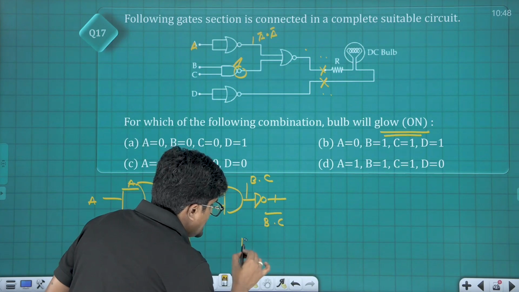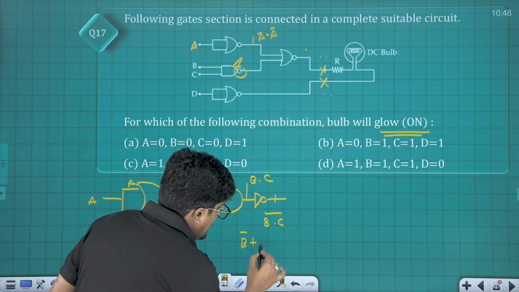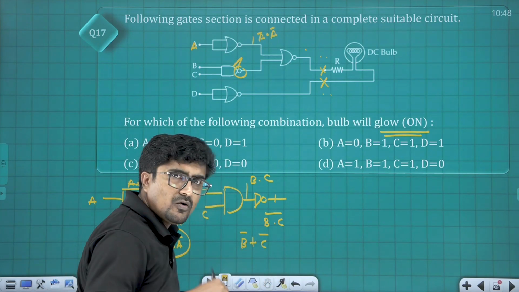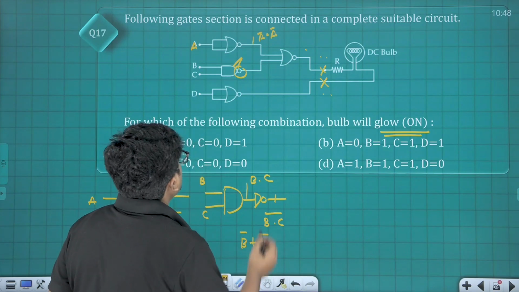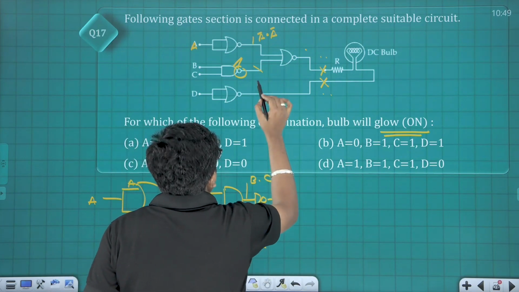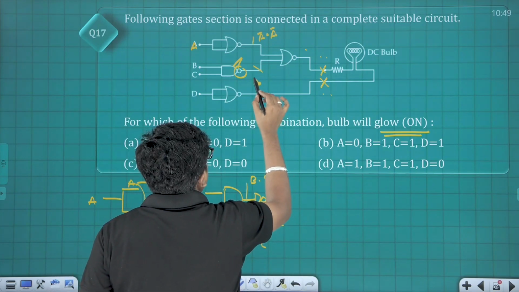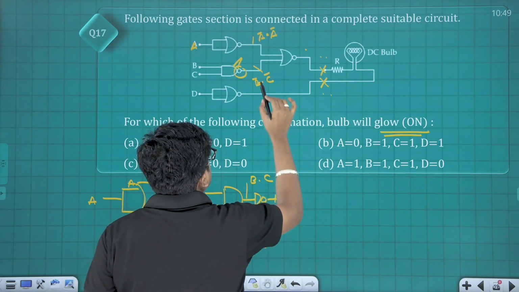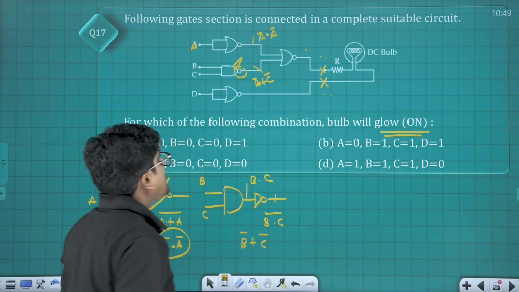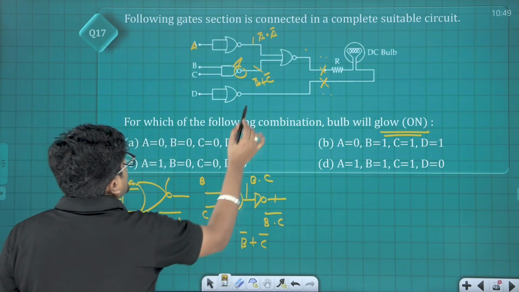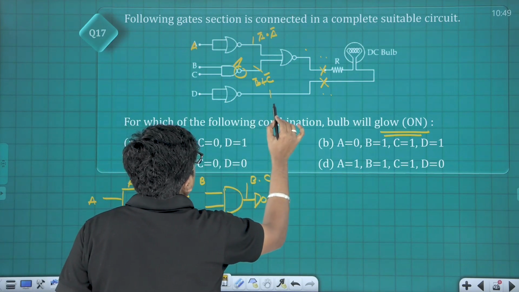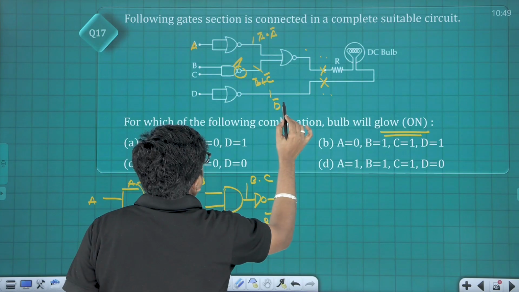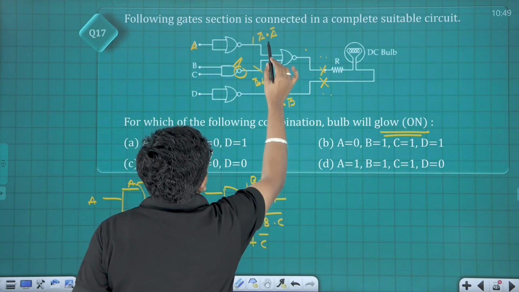That means B bar plus C bar. Complement or bar, both are the same thing. Now, what about the output here? It's going to be D dot D.